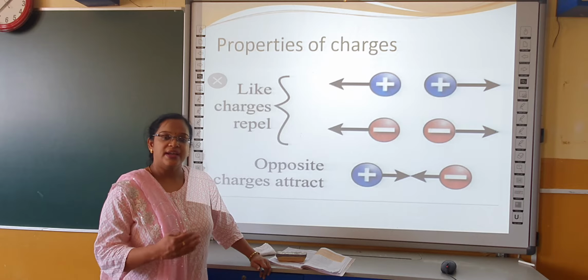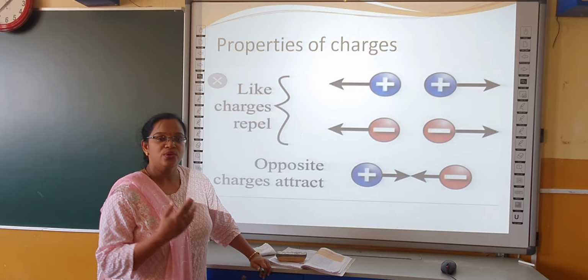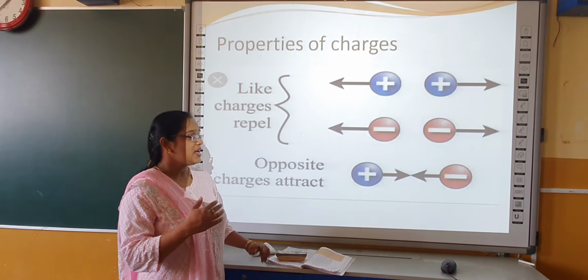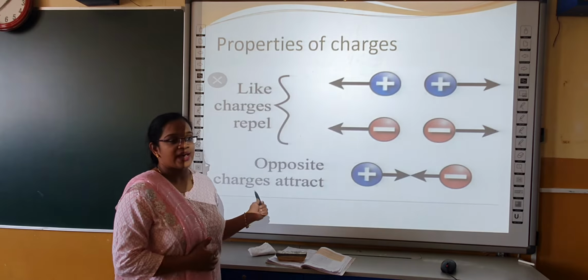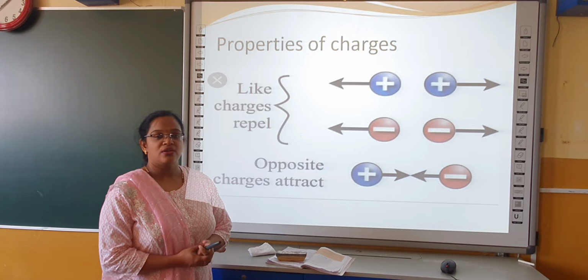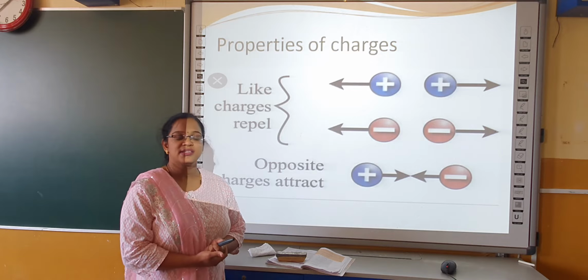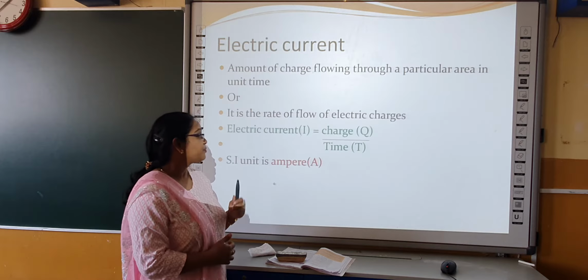Examples are metals. Copper is a good conductor of electricity. Aluminium also. Insulators do not allow the current to pass through them. Examples are glass, wood and plastic.